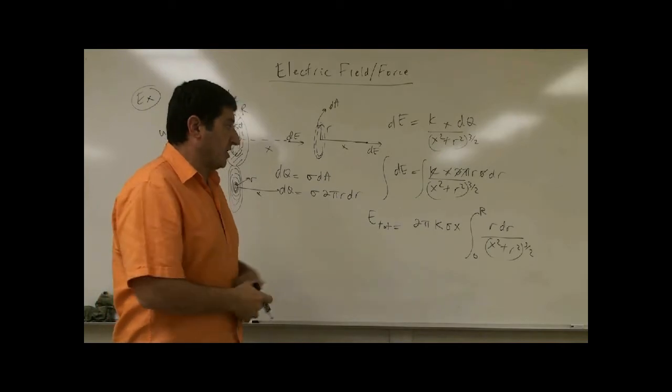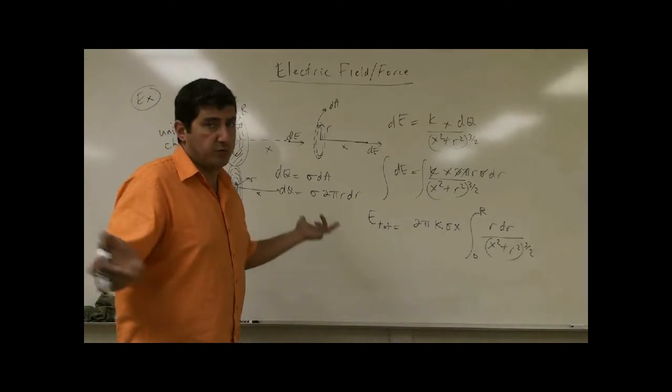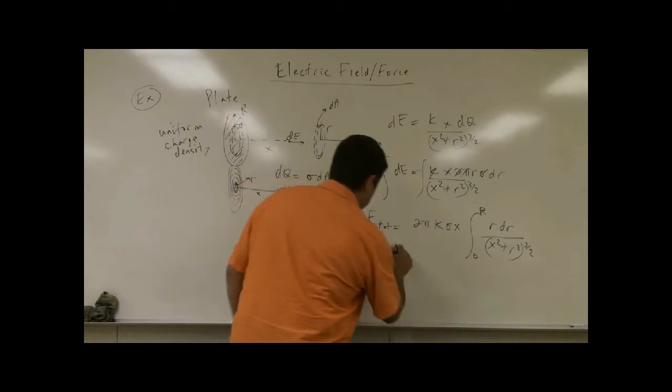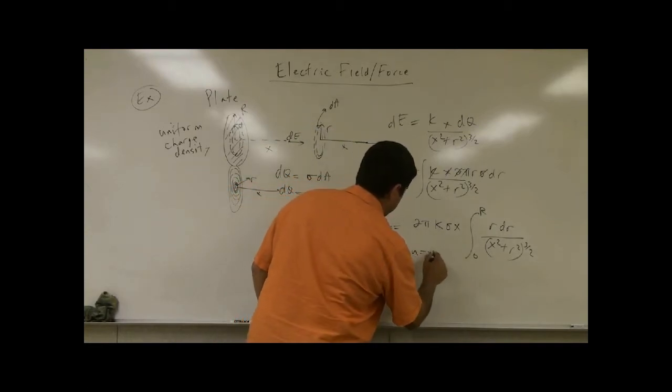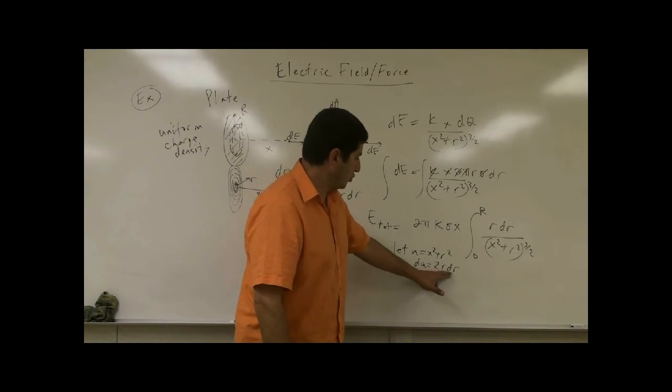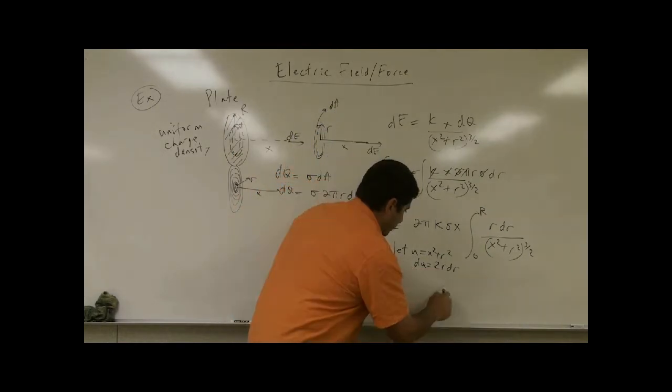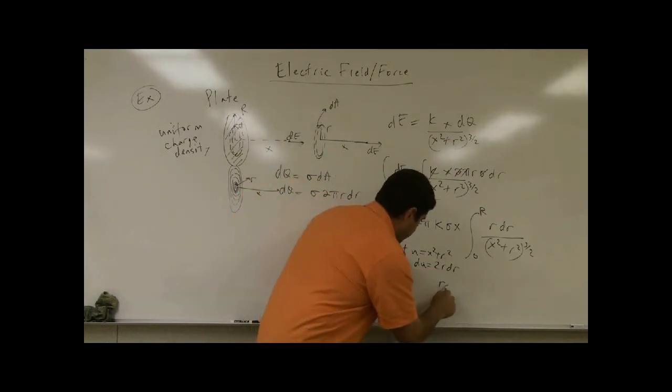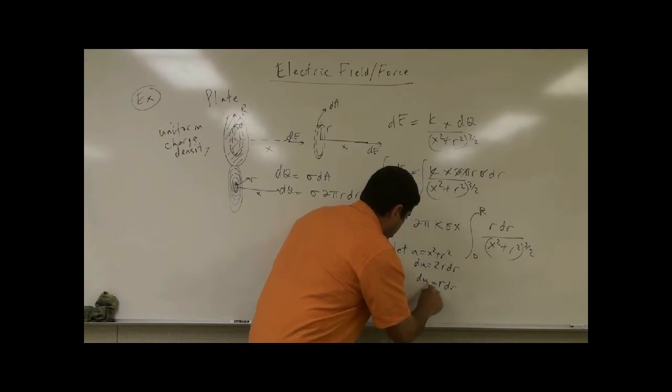Now, this is actually an integral that's easily doable by u substitution. Let u equal x squared plus r squared. du is equal to 2r dr, right? Therefore, r dr is equal to du over 2.